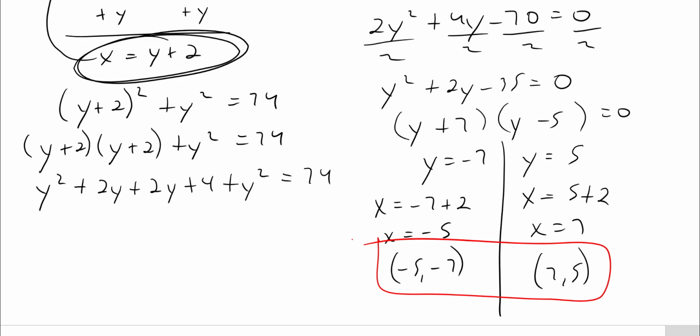All right, I got just two more to do with you guys, and it kind of covers all types of problems that you're going to see. Okay, so like I said, just kind of be aware of these problems here. Okay, so our next one's going to look like this.